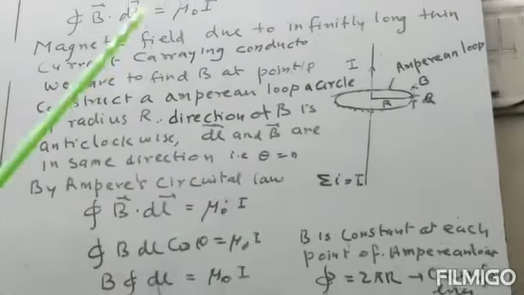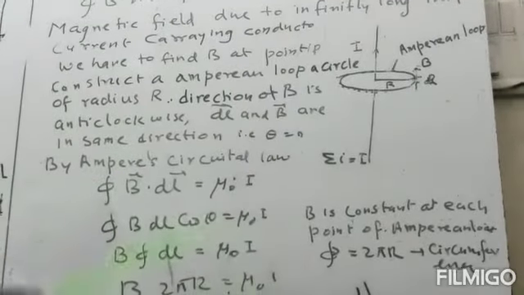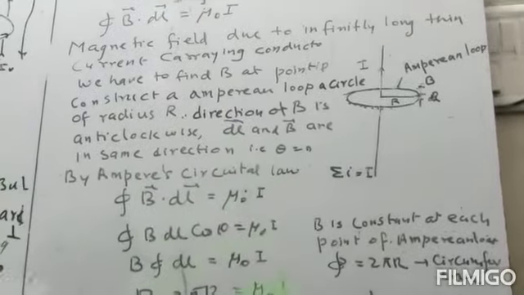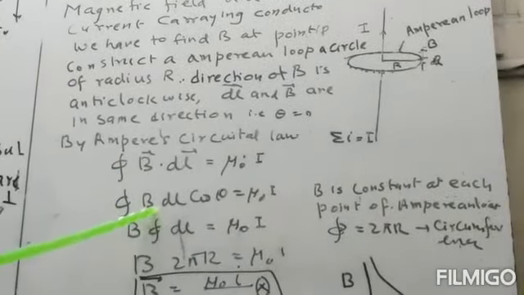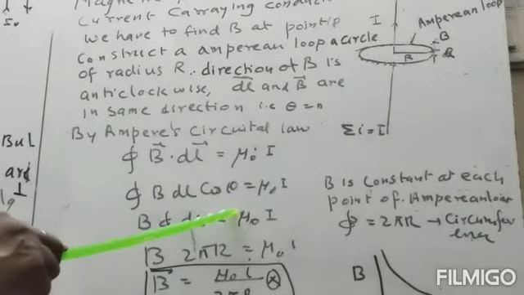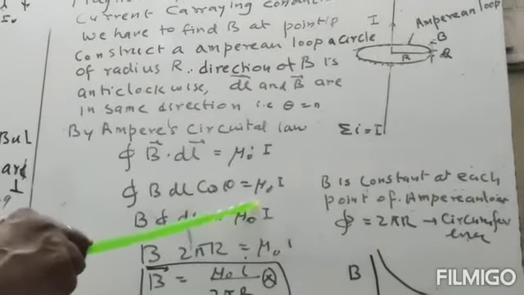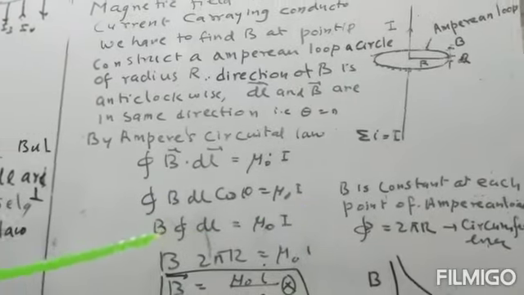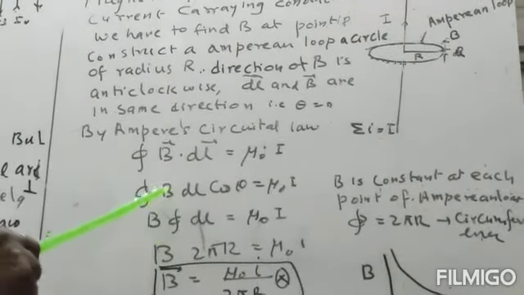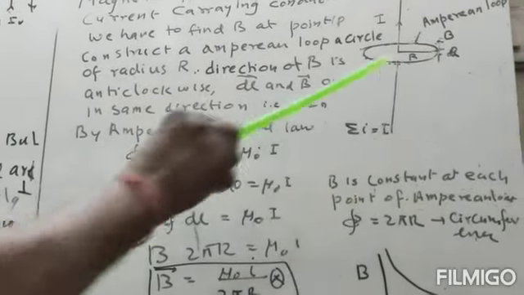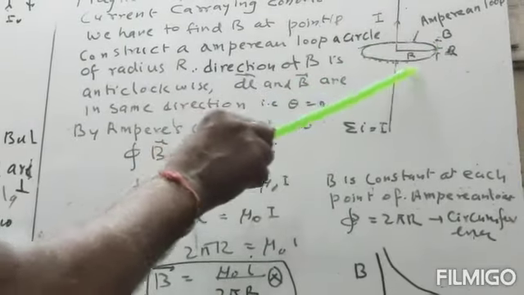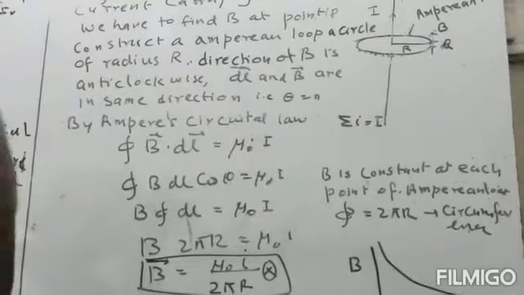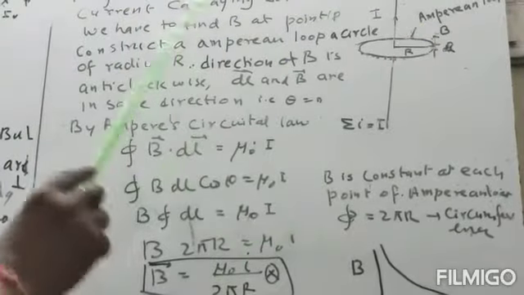So the angle between the magnetic field and the small element dl is 0. So it will be equal to B into dl cos 0, which is 1, equal to mu0 into I. Since B is the same for all the points on this Ampere loop, this is the Ampere loop, similar to the Gauss surface in the case of Gauss law.